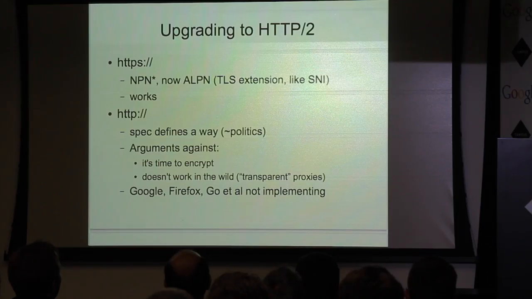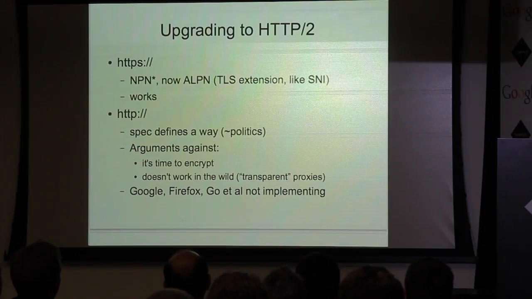The way HTTP is upgraded to HTTP/2, if it's HTTPS, it's easy. There's an extension to TLS that says, in addition to agreeing on what cipher suite we're going to use to encrypt all this stuff, and SNI is the server name indicator that says what host name you want to connect to before you start encrypting stuff.